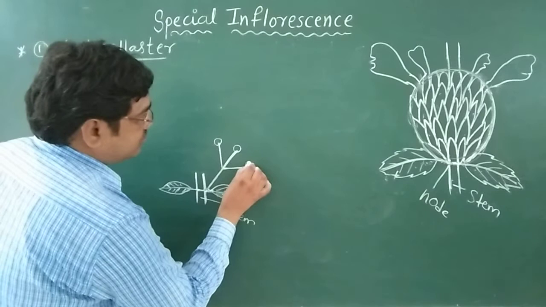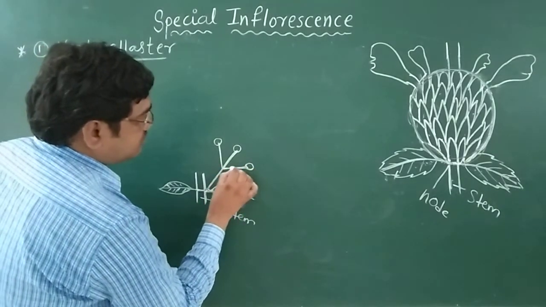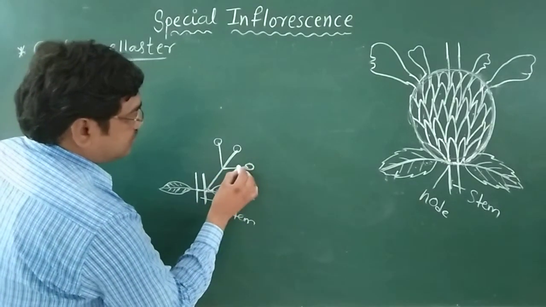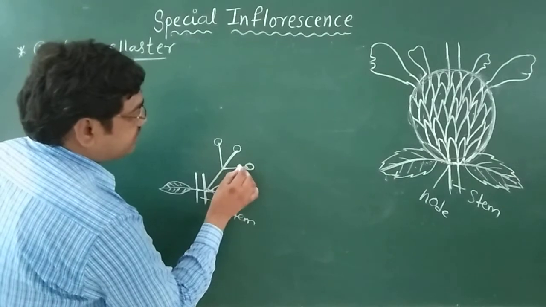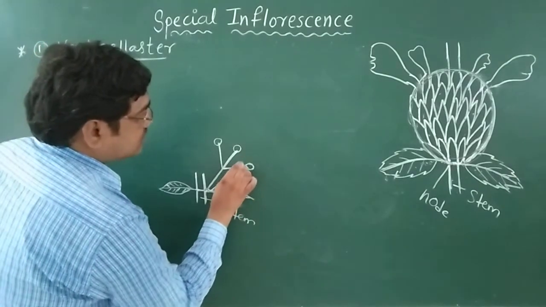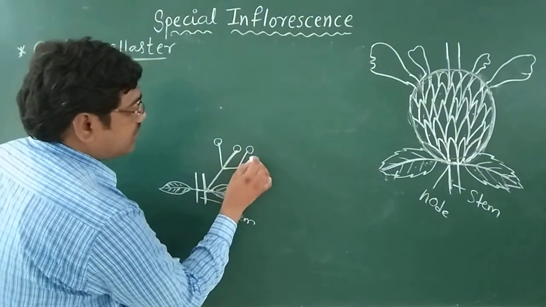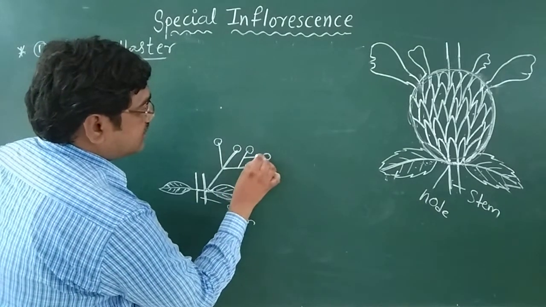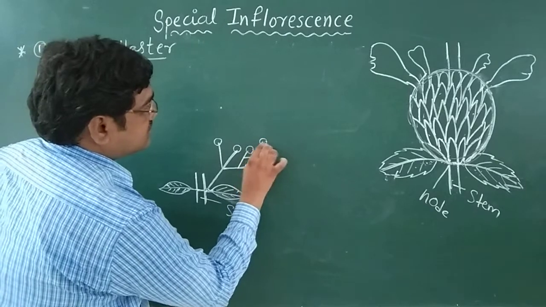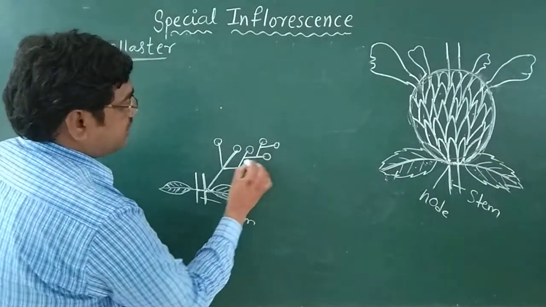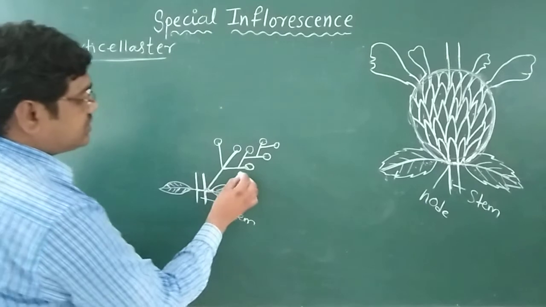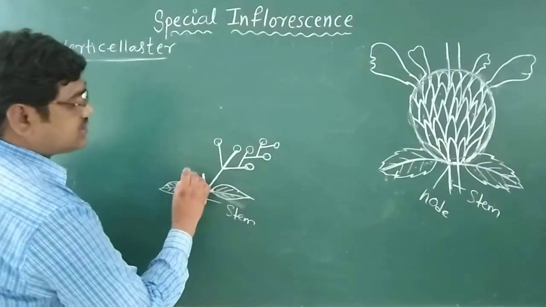This is one monochasial cyme, in which the flowers are arranged in the scorpioid manner. What is the scorpioid manner? The flowers are arranged in a zigzag manner. This is the zigzag arrangement of flowers in a monochasial scorpioid cyme.